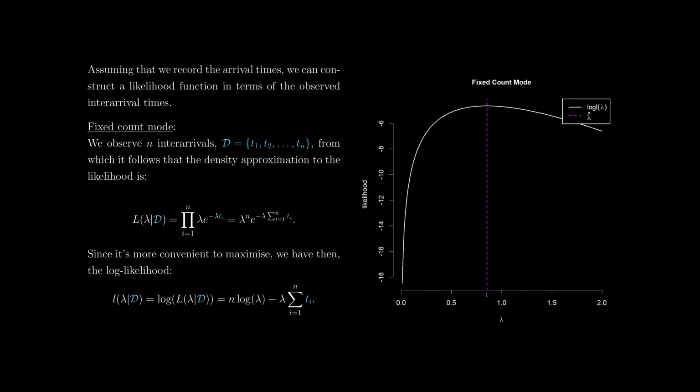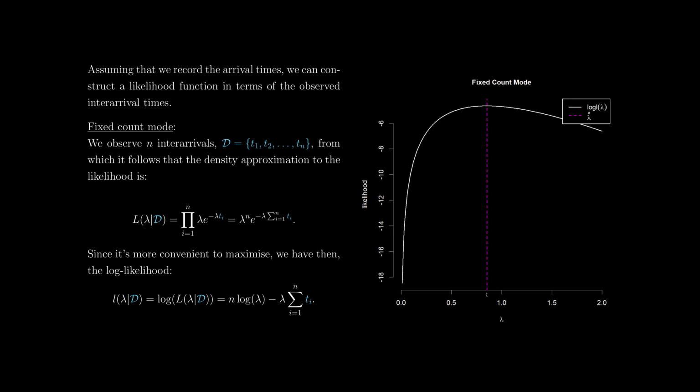From that it follows that the density approximation to the likelihood of the data is given by the product for all i running from 1 to n of lambda times e to the minus lambda t_i. The kernel of the expression comes from the density associated with the interarrival times under our Poisson process, which is just the exponential distribution.